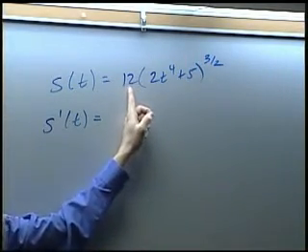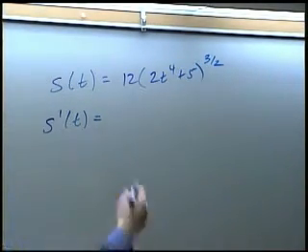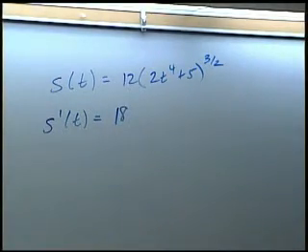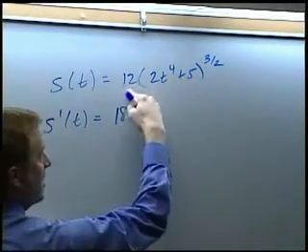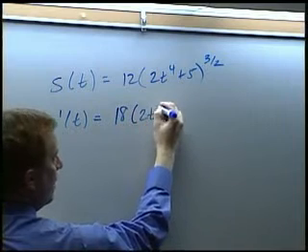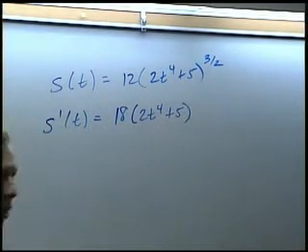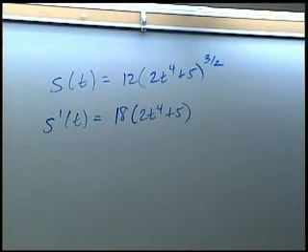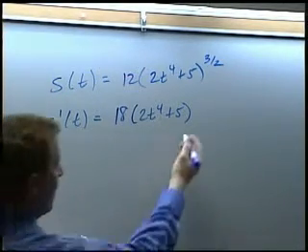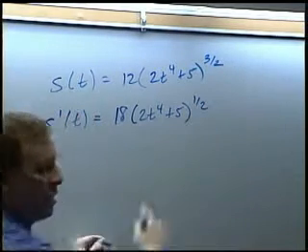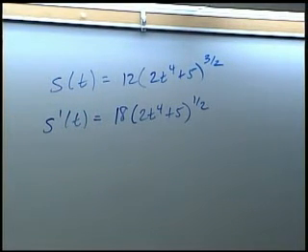Okay, so I need to take 12 times 3/2, which would be 18. Okay, so I have 3/2 coming out front, 2t to the 4th plus 5 to the what power? 1/2. I want to take away a full unit off of this power, and so it drops down to 1/2.